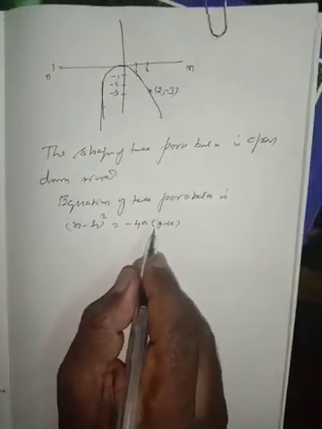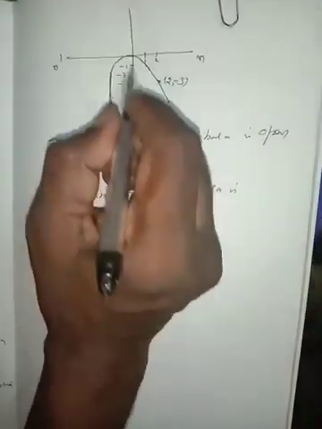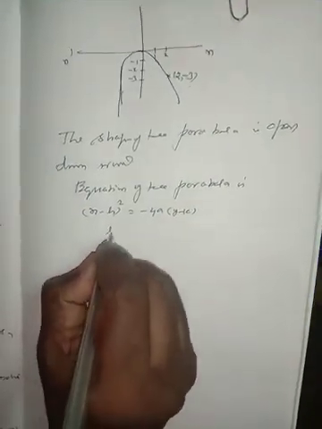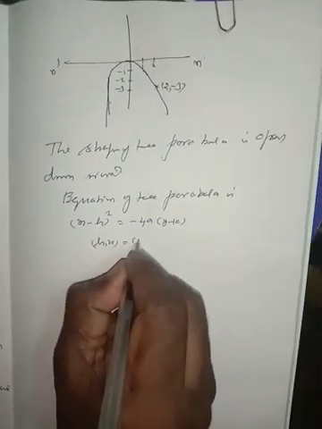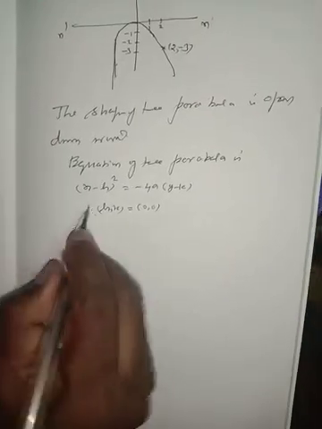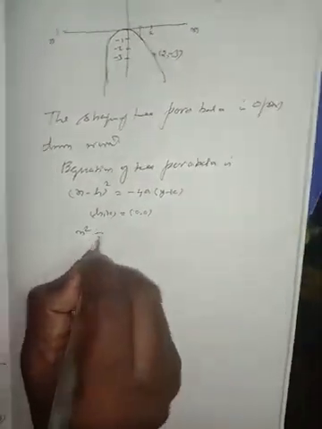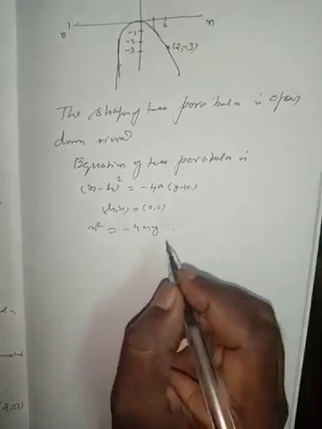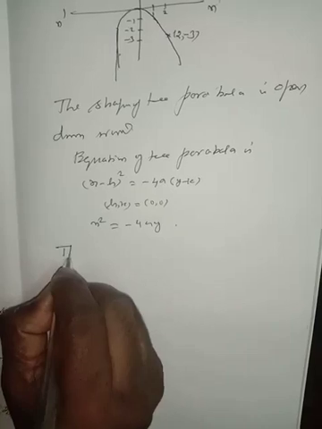Now h and k are 0, since it passes through the origin. Therefore (h, k) is equal to (0, 0). So the equation becomes x square is equal to minus 4a into y, equation number 1.